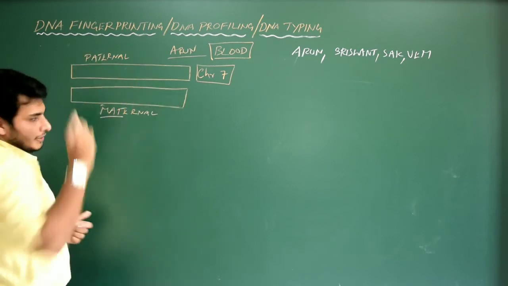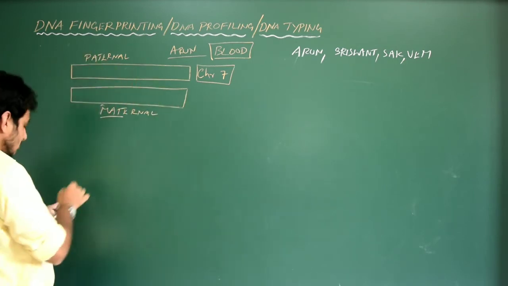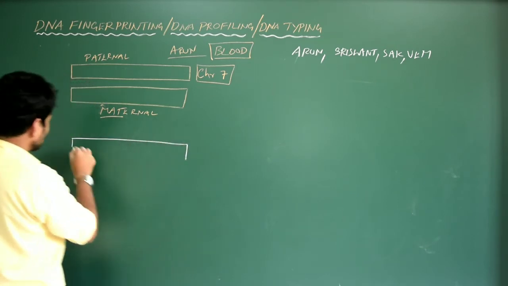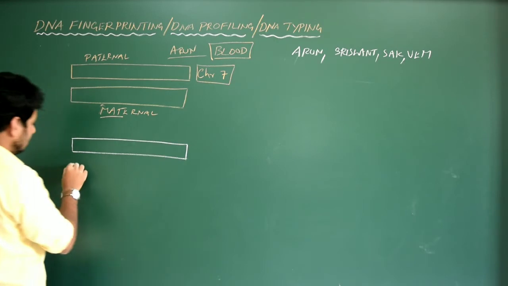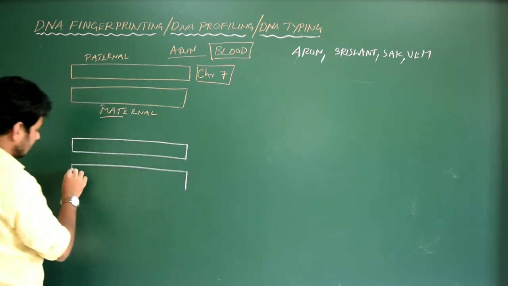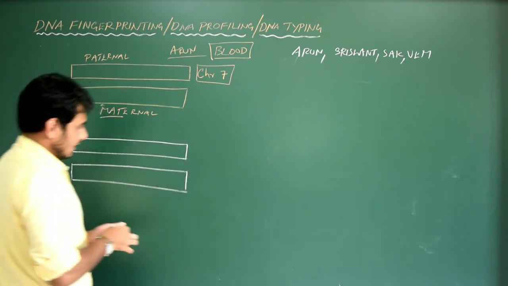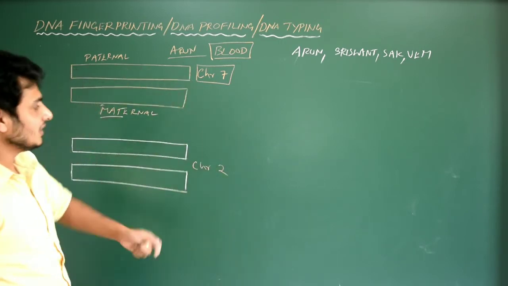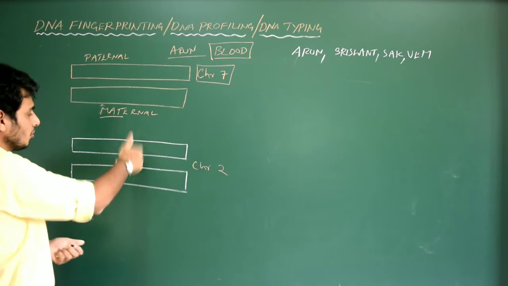Fine. Now let me draw one more box here, that is another chromosome, and let us say this is chromosome number 2. They selected one more chromosome, chromosome number 2, a homologous chromosome.